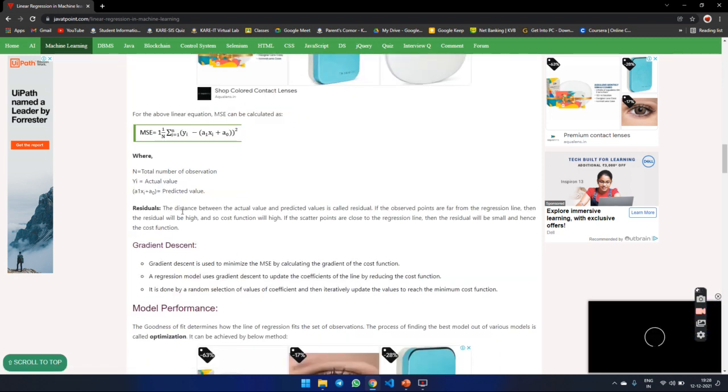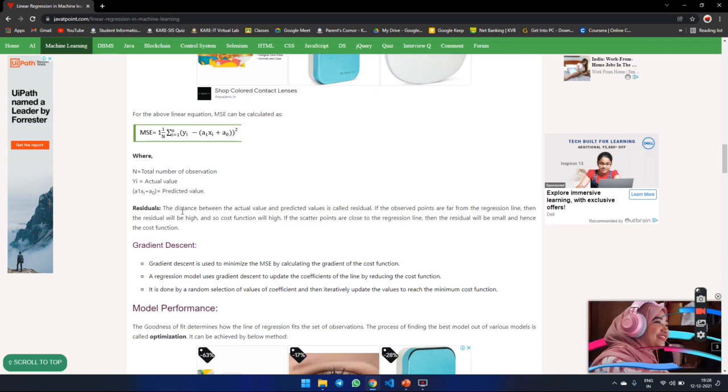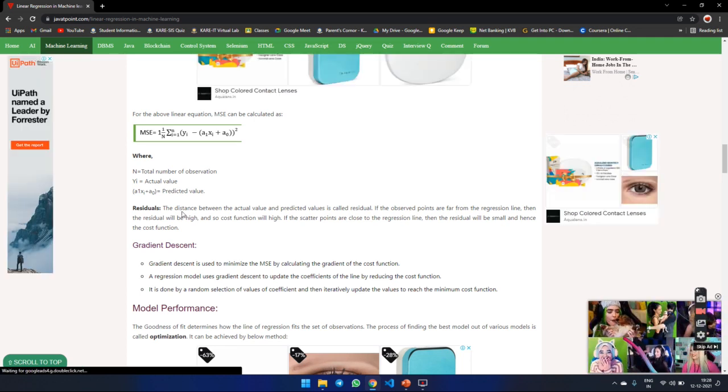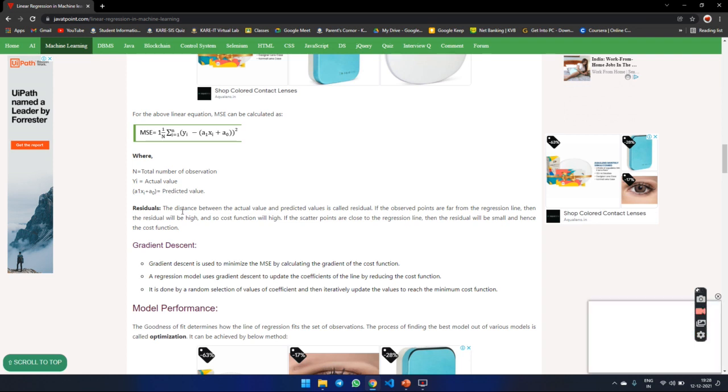The difference between the actual value and the predicted value is called the residual. If the observed points are far from the regression line, then the residual will be high, so the cost function will be high. If the scatter points are close to the regression line, the residual will be small and so will the cost.